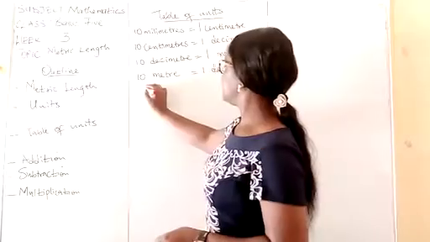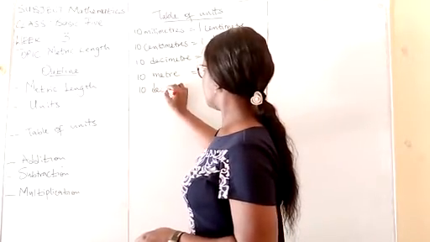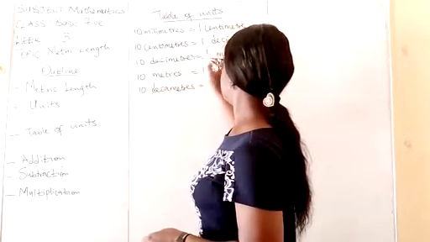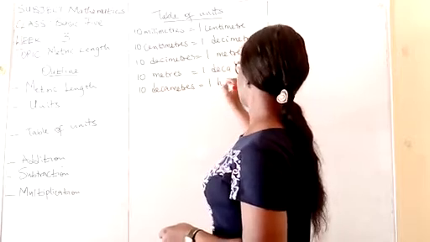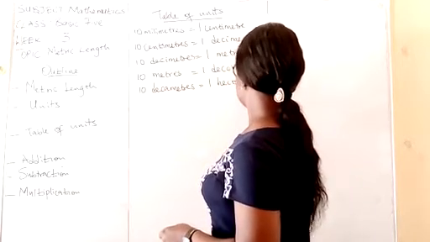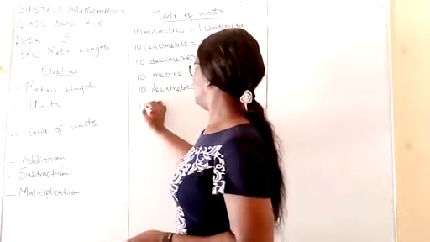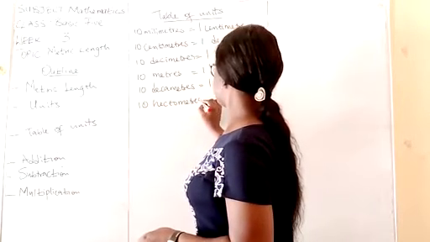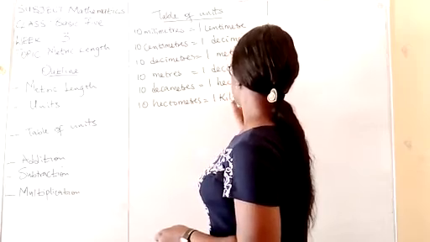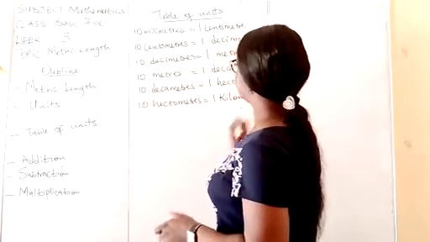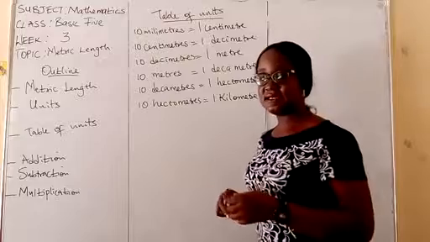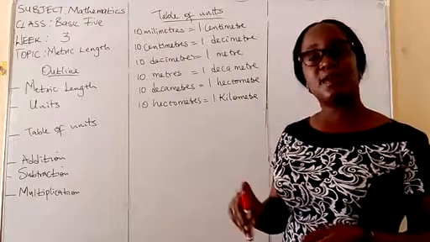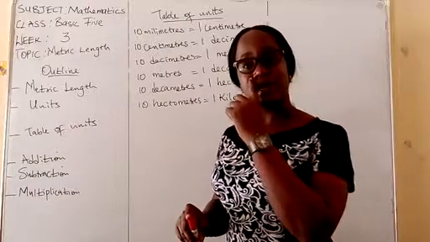So 10 decameters will give us 1 hectometer. And finally, 10 hectometers will give us 1 kilometer. Now looking at this, you should remember that we saw something like this in our capacity measure and also in our metric weight.